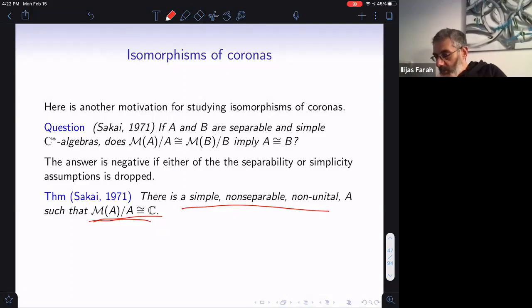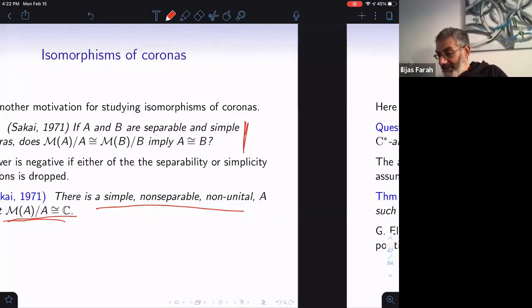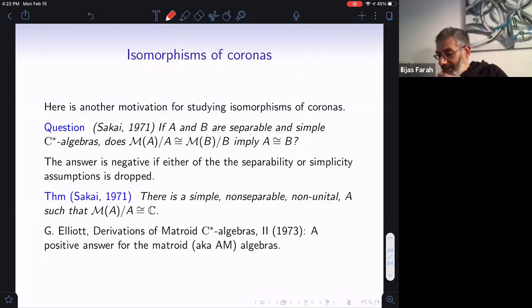Just one more thing I wanted to say. From a set theoretic point of view, we don't really have any non-trivial answers to Sakai's question, although I'm quite sure that we should be able to construct something here. But there is a very nice result of George Elliott from 1973. He gave a positive answer to Sakai's question for the matroid algebras.